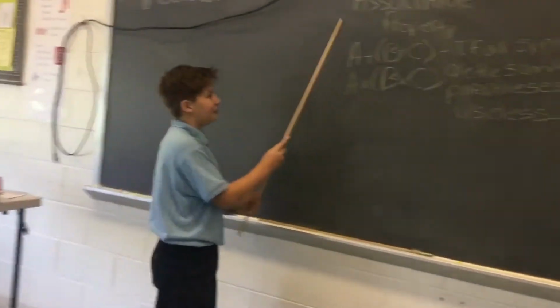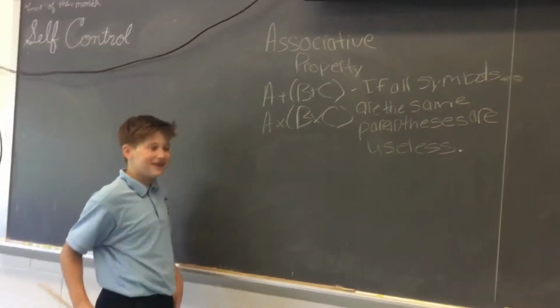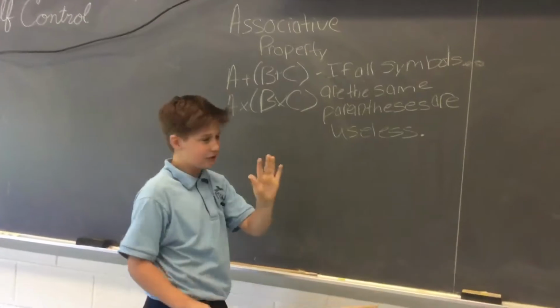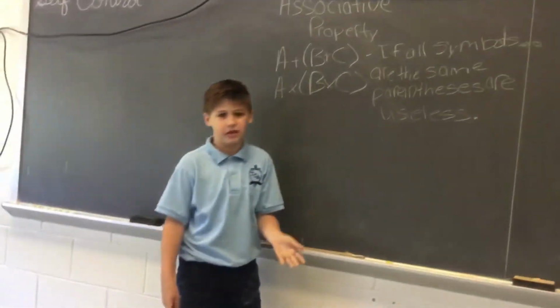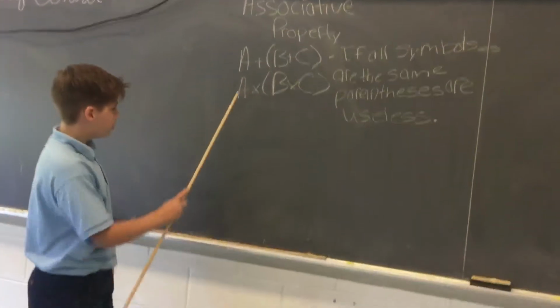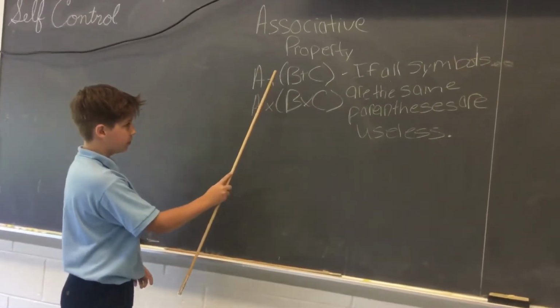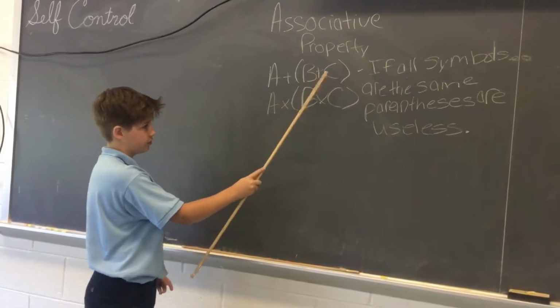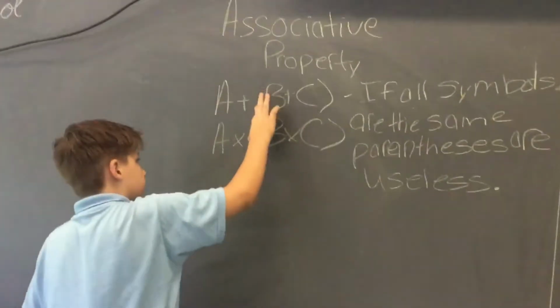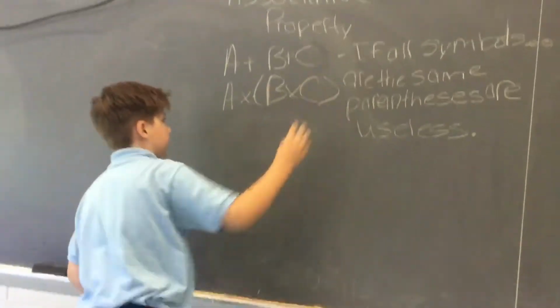This is the associative property. So for addition, first of all, the definition is if all symbols are the same, parentheses are useless in both of these problems. So you have A plus parentheses B plus C. This is useless because if you take off these, you're still going to get the same answer.